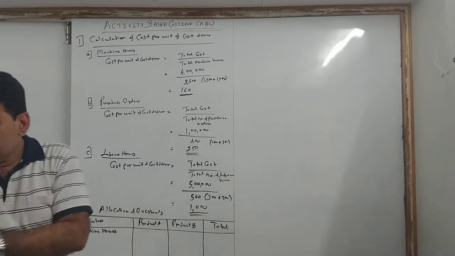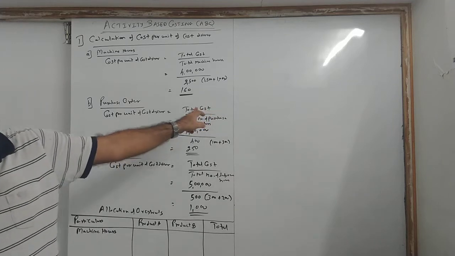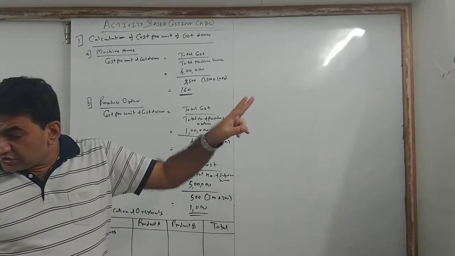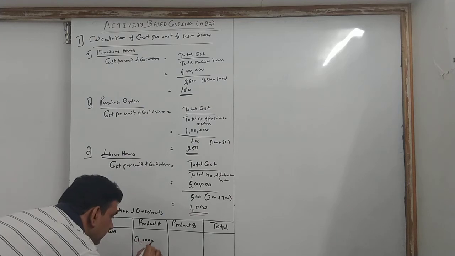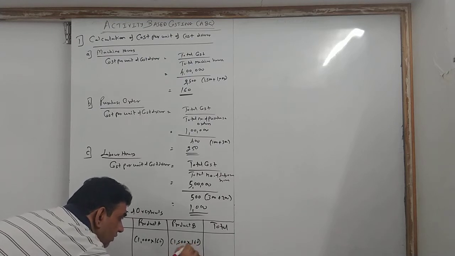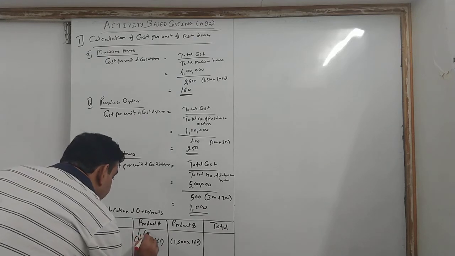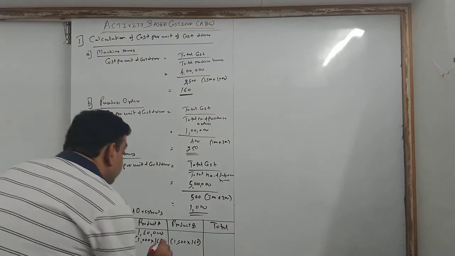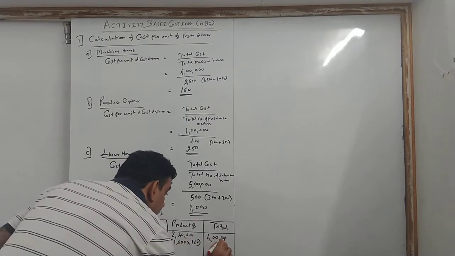Now see how many hours are there for A. Look, it is written here in brackets: 1000 for A and 1500 for B. So A will be 1000 into 160 and B will be 1500 into 160. 1000 into 160 is straightforward, 1,60,000, and this will be 2,40,000. So that gives me a total of 4 lakh.